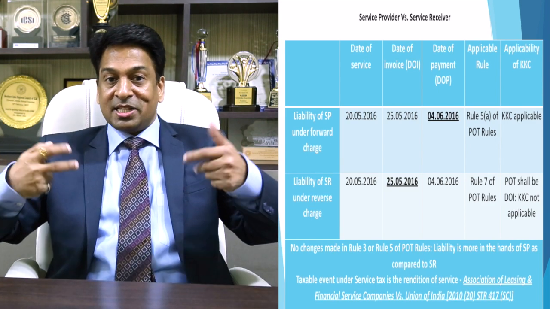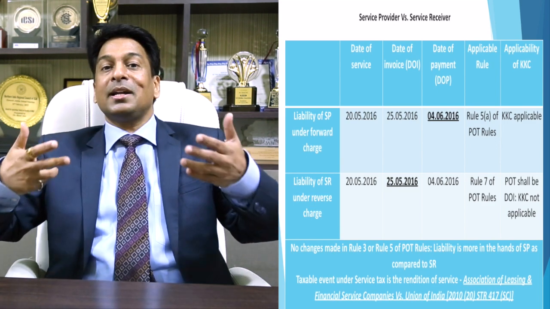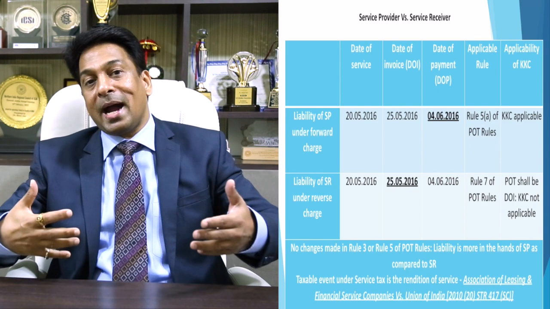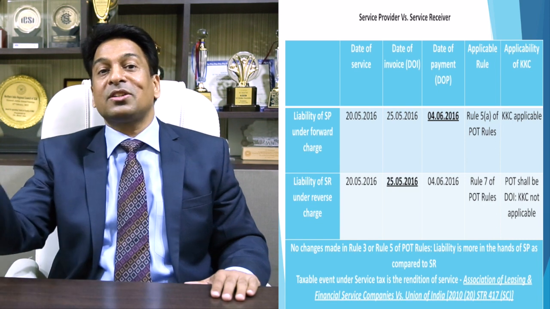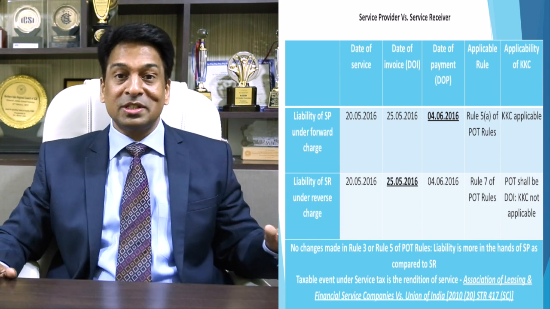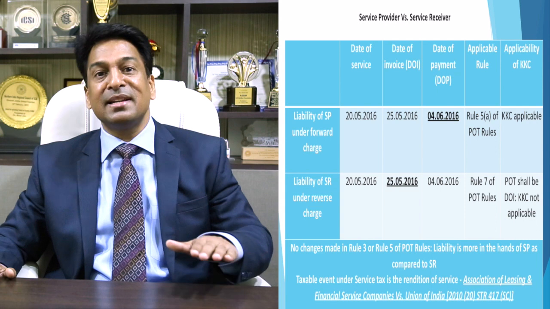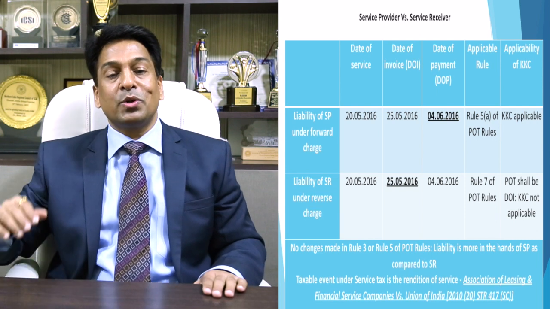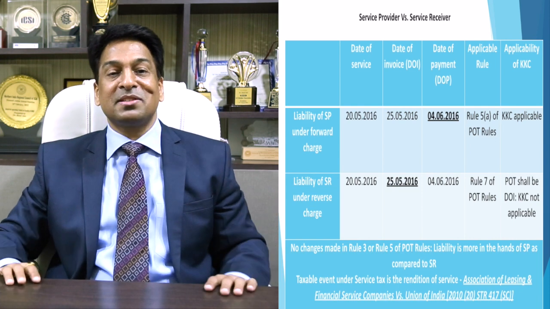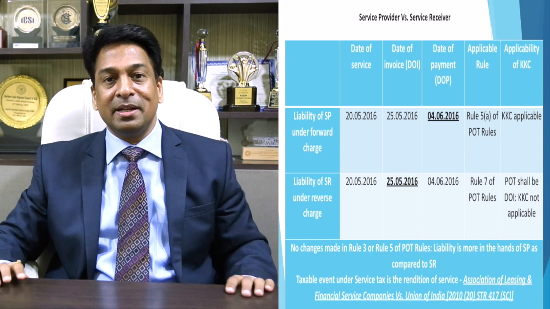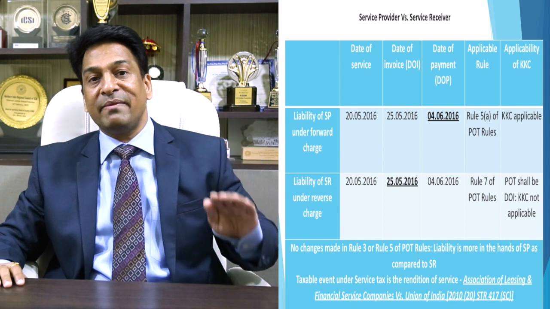So if you compare the situation from service provider to service receiver, the service provider has to pay KKC for the new levy because Rule 5 is contradictory. Rule 7 is a good one made now, which is providing benefit to a service receiver. But the moot question is: why are we keeping such confusion for taxability, and that too for a new levy coming in?